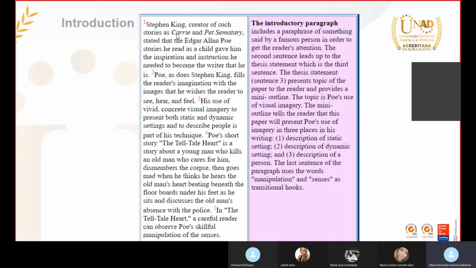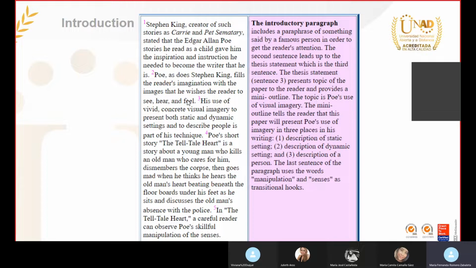Because as you said, Stephen King has stated that Edgar Allan Poe was his inspiration. His stories were an inspiration and instruction to become the writer that he is. So he is introducing the people to Edgar Allan Poe first. We already know that he is a pretty old author, a past author that was an inspiration to Stephen King, someone that we already know.